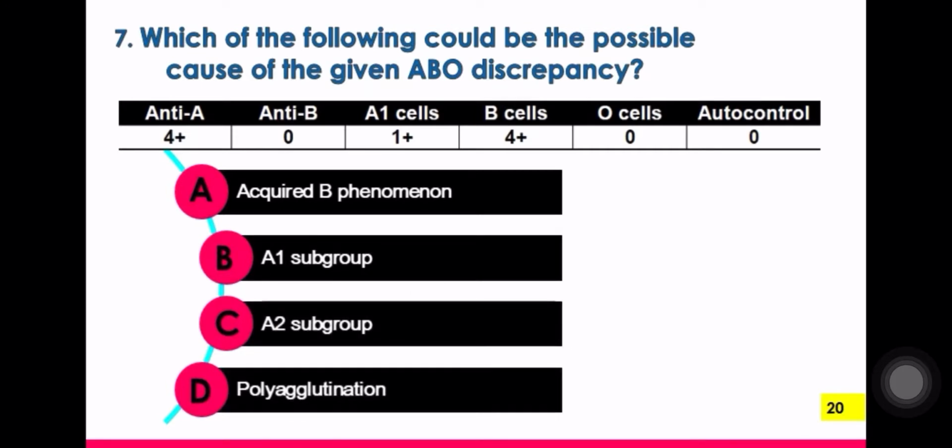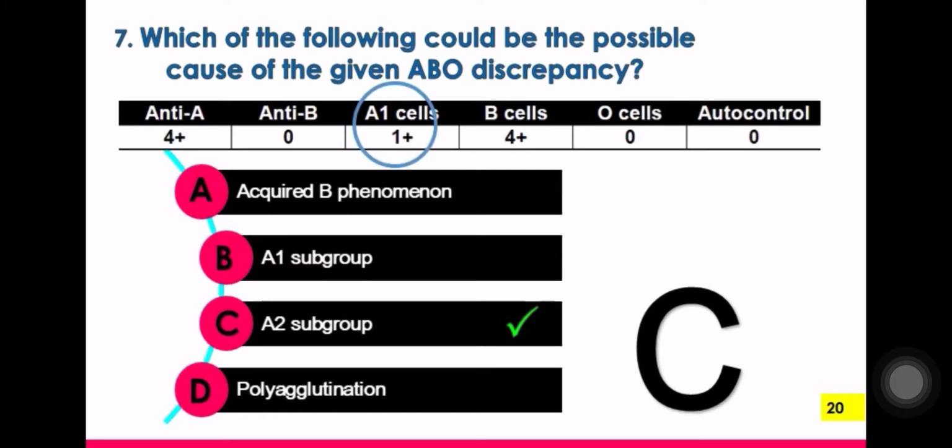The correct answer is letter C, A2 subgroup. Since it reacted with anti-A in the forward grouping, we have to presume that this is an A blood group. But notice the reaction with the A1 cells. So it produced anti-A1. So this is A2 subgroup.